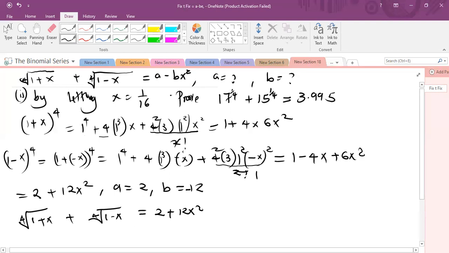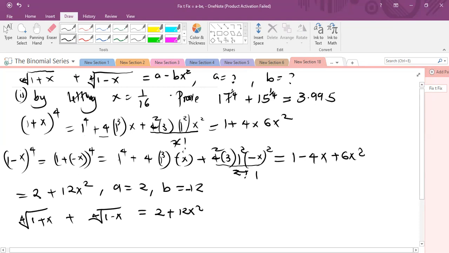Okay, so now if we let x be equal to, I hope there's no error in that question, or we've done it correctly. Let's just go over it again. This is 1, 4x, 4·3 x squared, and then this gives 1 plus 4x and 6x squared.